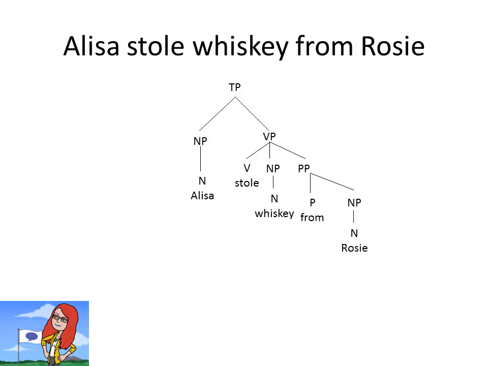Now it's your turn. In the sentence, Elisa stole whiskey from Rosie, the PP from Rosie, is that an oblique or an indirect object? Great, you're right. It's an oblique because from Rosie is not a subject, an indirect object, direct object, or an object of a preposition.